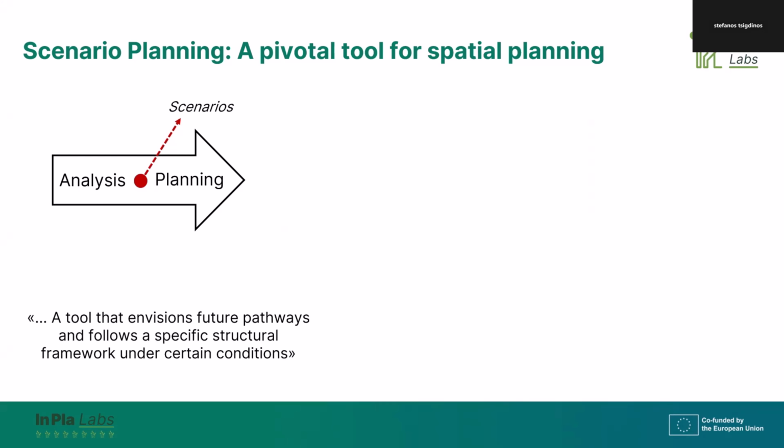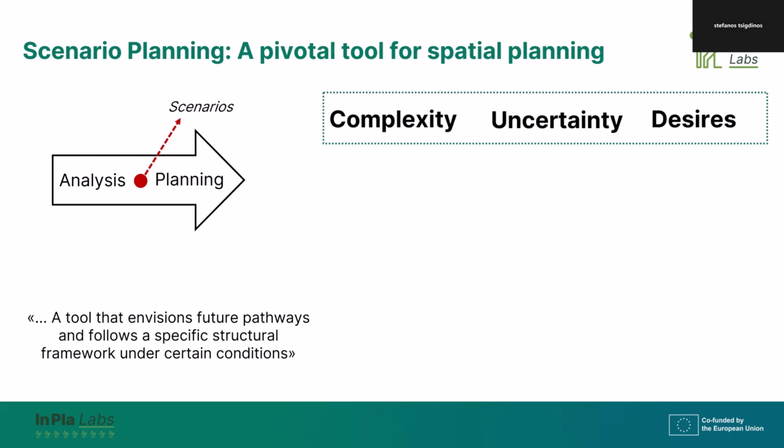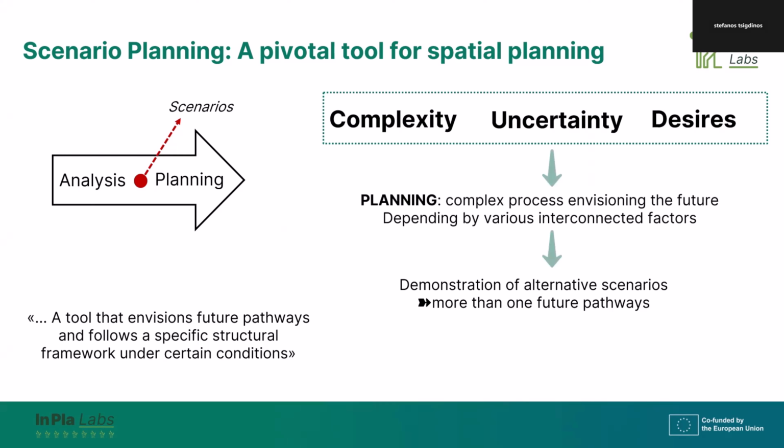So a scenario or scenarios are tools that envision different pathways for the future and help us be more flexible and understand complexity and uncertainty. So planning is a complex process, but with scenarios, it gets more improved and more flexible. With different scenarios, we can acquire different priorities and also be more ready for uncertain events in the future.